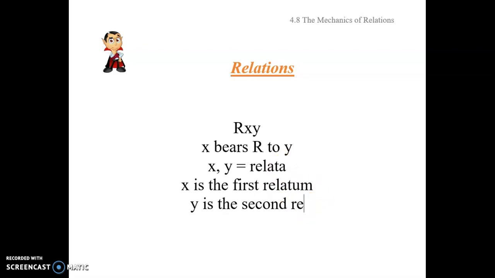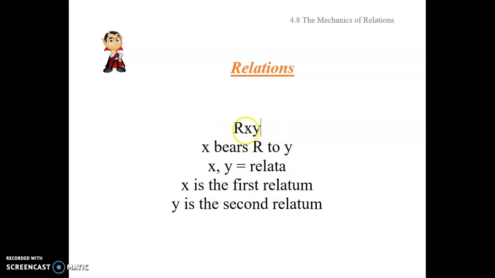The one that occurs in the leftmost position is the first relatum, and the one that occurs in the second position is the second relatum. It's the thing in the first position that bears the relation R to the thing in the second position.